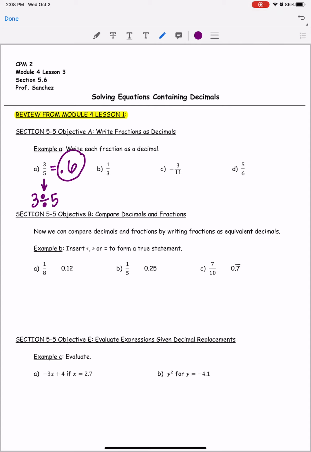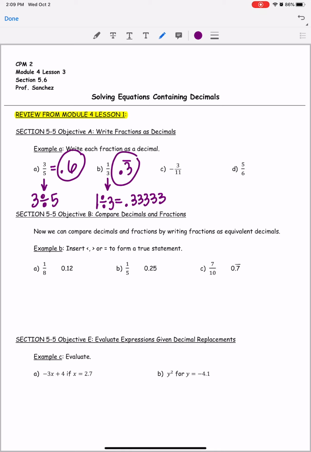Now, these next 2 are a little bit harder to show you. Actually, the next 4. Same thing here. You're putting this in your calculator: 1 divided by 3. When you do that, you'll see this 3 just keeps repeating and repeating forever. So you shorthand that with the 0.3 and that line over it.